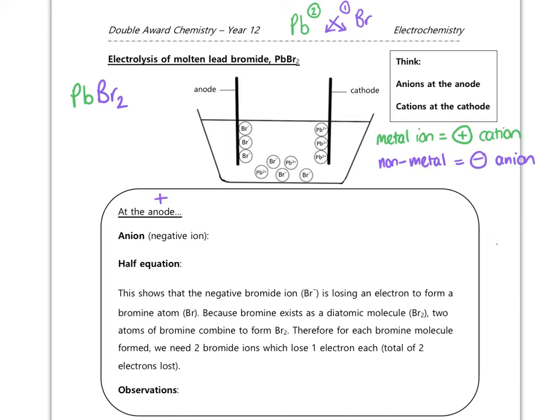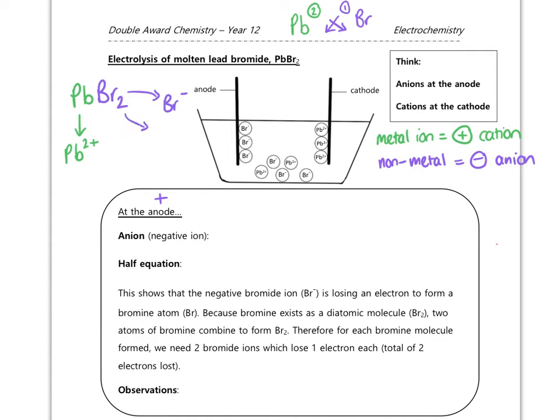So the metal ion will always be positive, it's a cation. The non-metal will always be negative, it'll be the anion. And if you think about lead bromide, we've already discussed that lead ions have a charge of 2+, and the bromide ions, they have a charge of 1- because they are in group 7.